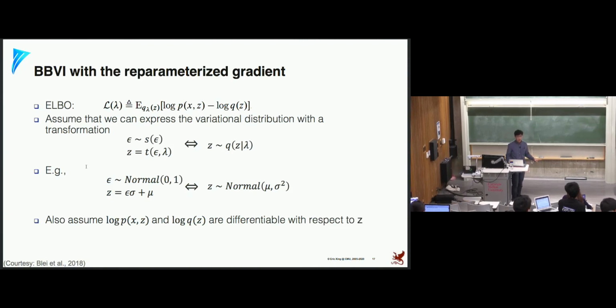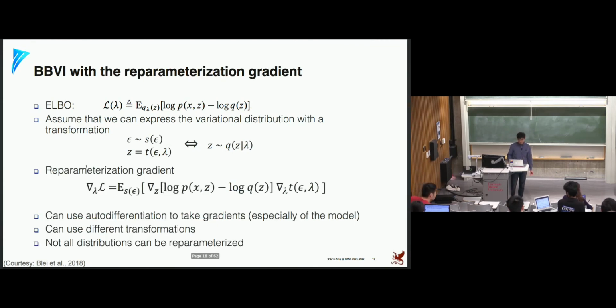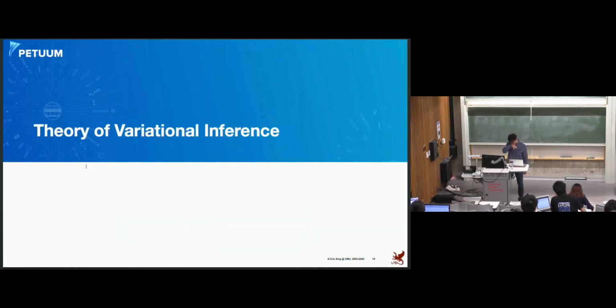So in terms of variational inference, you should just notice that this is a different kind of gradient estimator, different from the score gradient estimate. It relies on representing the variational distribution as some transformation of simple random variables, and then making use of the differentiability of the transformation to perform gradient estimation. Okay, so I think that's the first part of today.